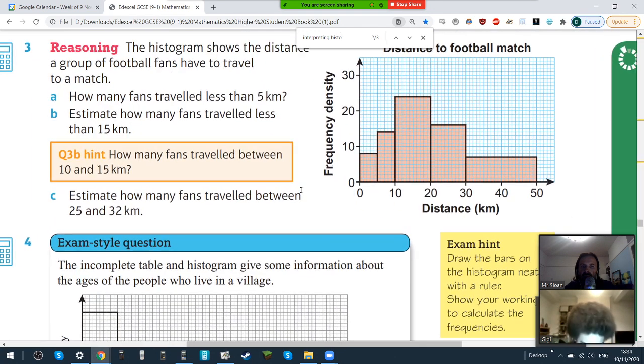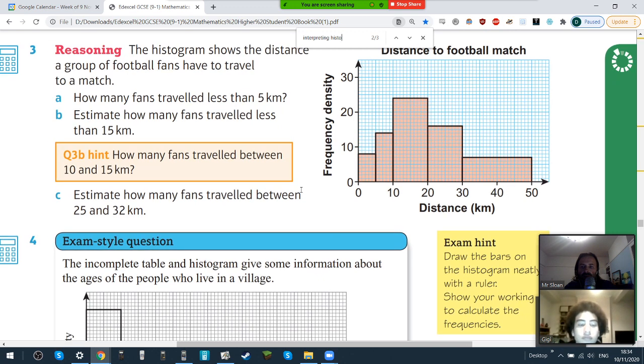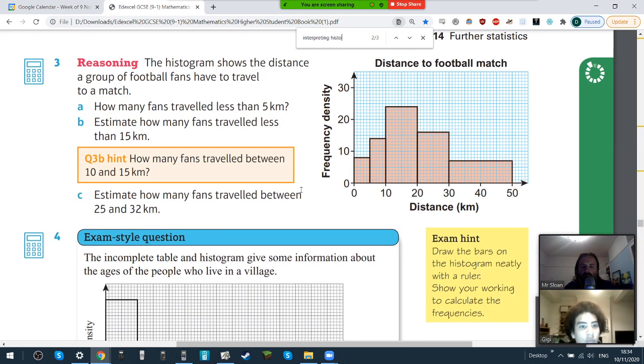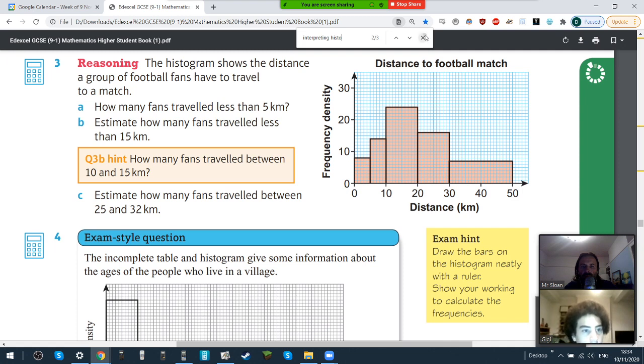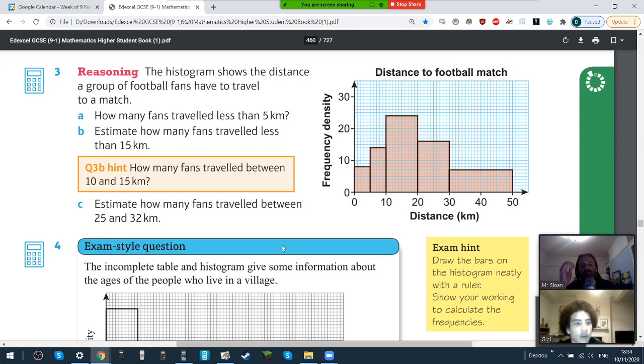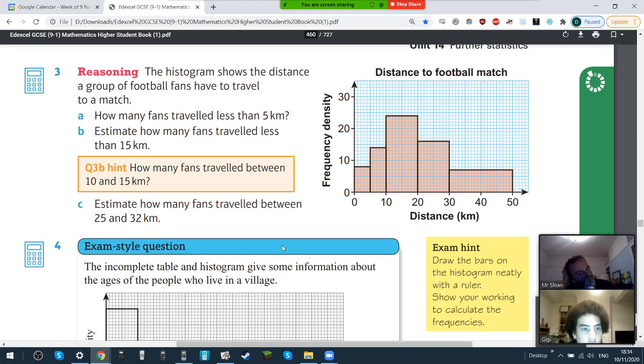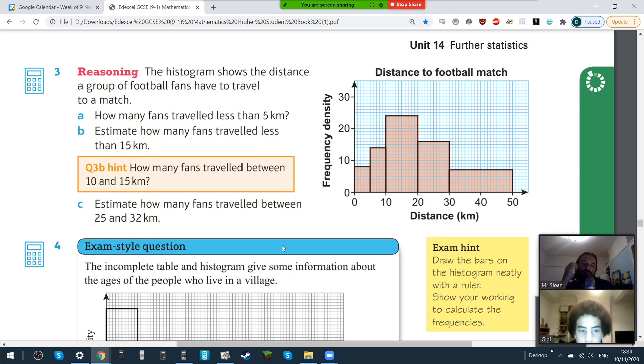Okay, let's try question 3. How many football fans have travelled to a match? How many fans travelled less than 5 kilometers?